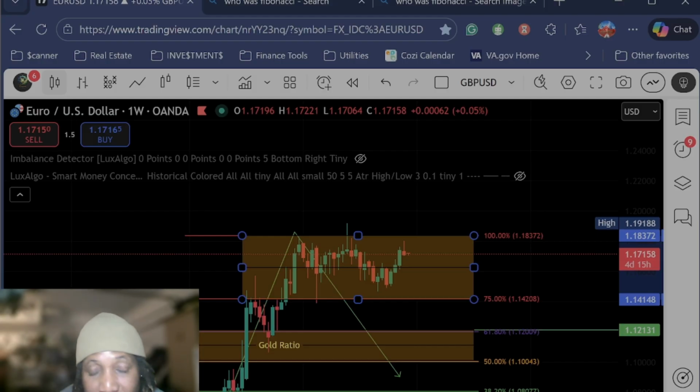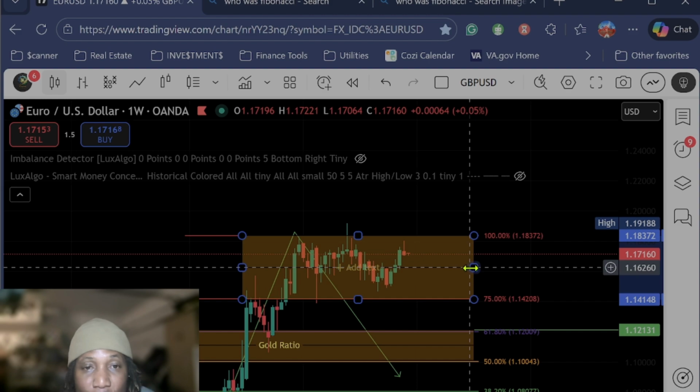Would you buy something that's 75% marked up above the golden ratio? Golden ratio is the sweet spot. The 50% is the sweet spot. It's not too high, it's not too expensive, right? That's the sweet spot.